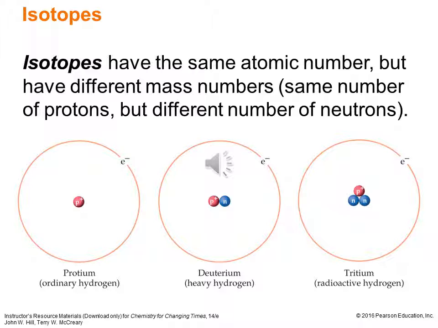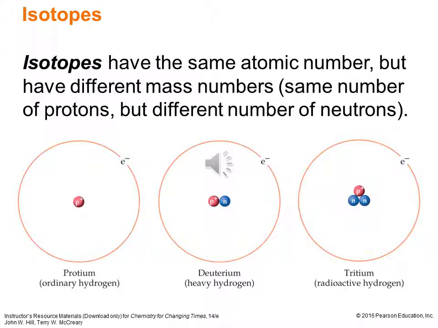Finally, if we have another neutron added to the nucleus, still just one proton, so we're still hydrogen, but now we have tritium, which is a radioactive isotope of hydrogen. So we don't have as much stability once we start adding additional neutrons in this case.